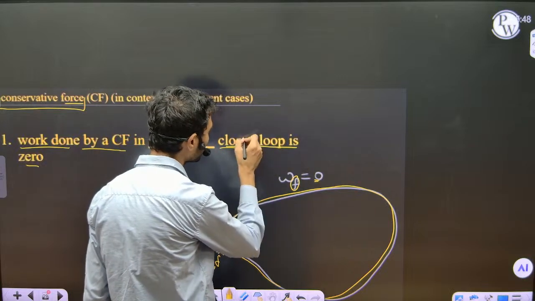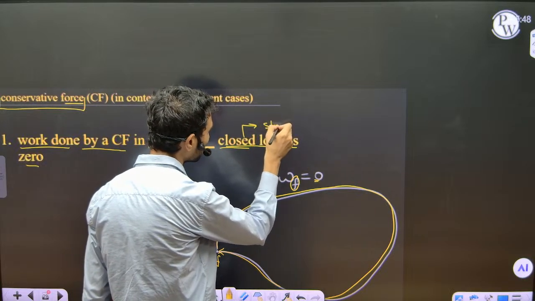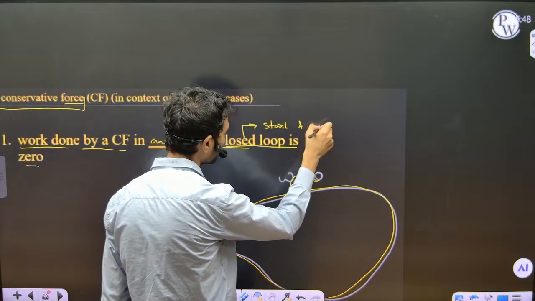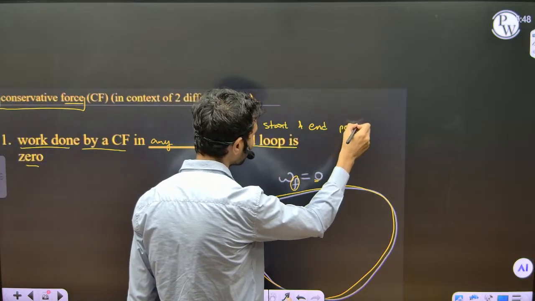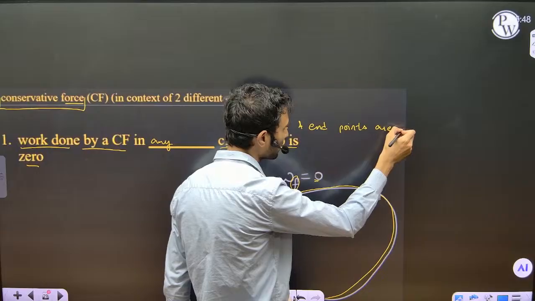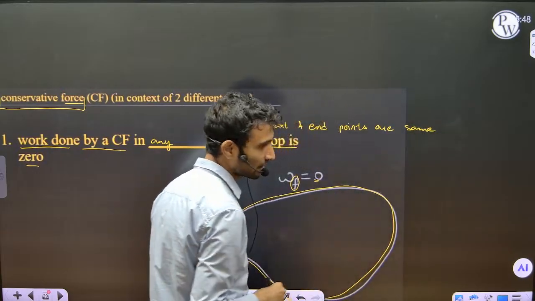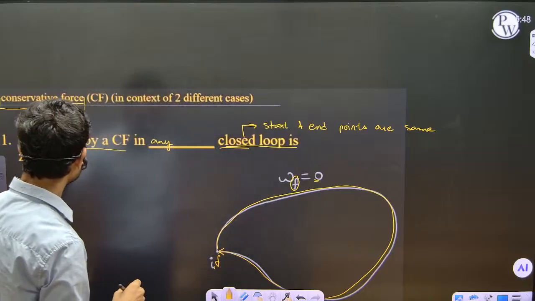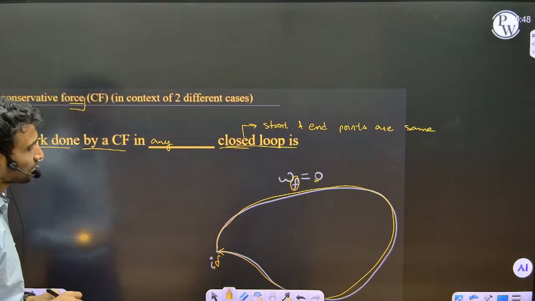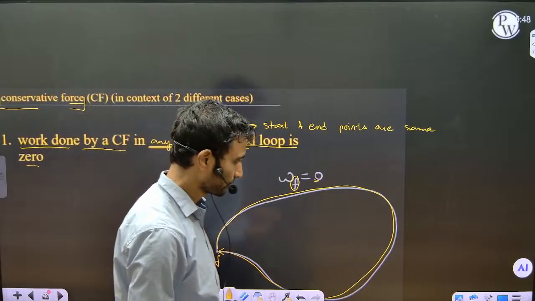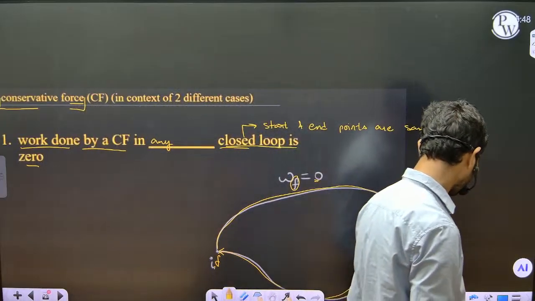Closed loop means the start and end points are the same, and if that's the case and the force is conservative, the work done will be 0. Right? Take this one.